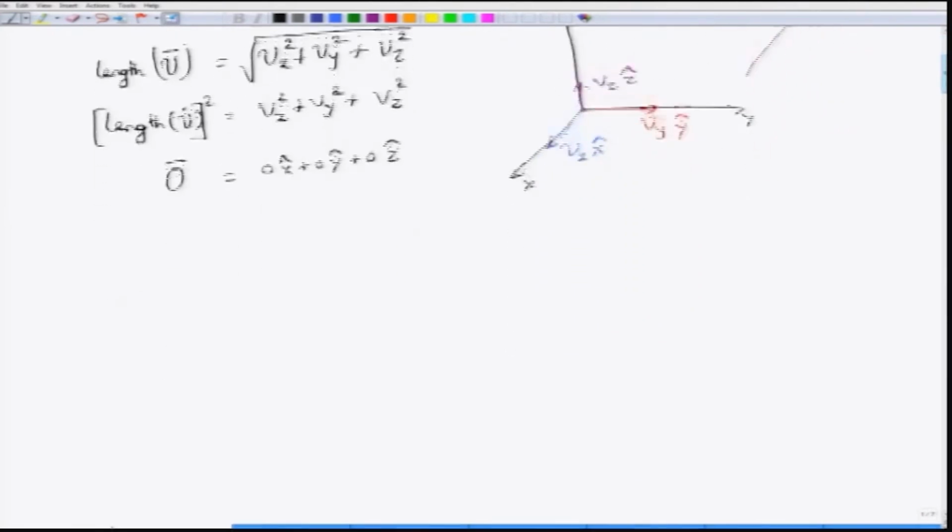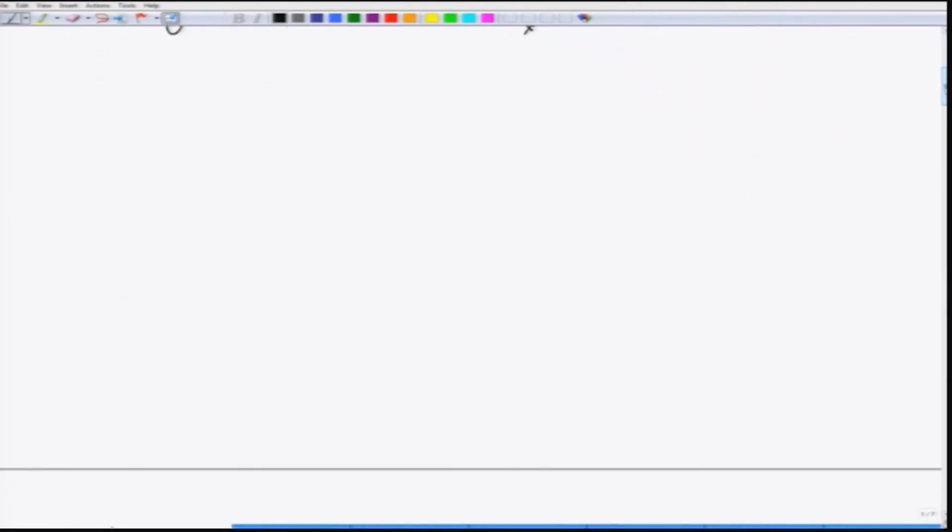Now, we can actually generalize all these concepts. There is no reason why we have to stick to 3 dimensions or 2 dimensions. We can generalize this to n dimensional vectors, and in some cases we can also generalize this to infinite dimensions. So, we will be a little more abstract than we have been so far.